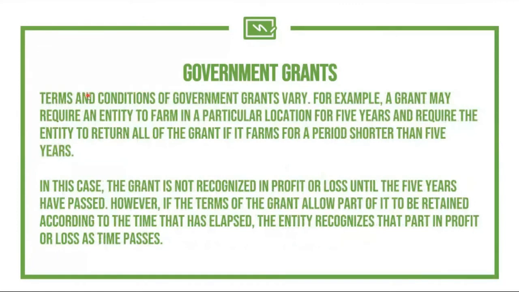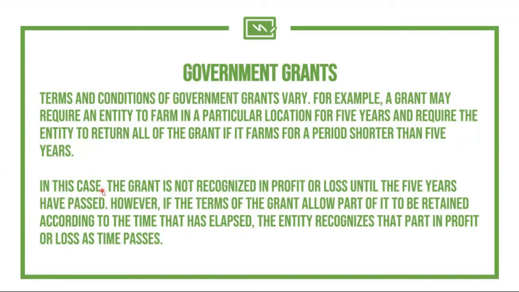The terms and conditions of government grants vary. For example, a grant may require an entity to farm in a particular location for 5 years and require the entity to return all of the grant if it farms for a period shorter than 5 years. So meaning you did not meet the requirement and you will now return the grant.